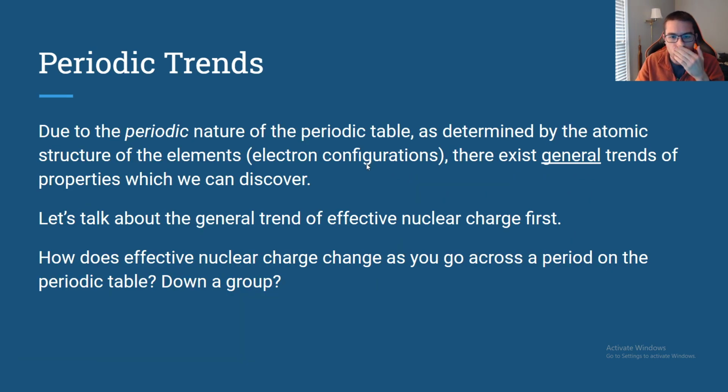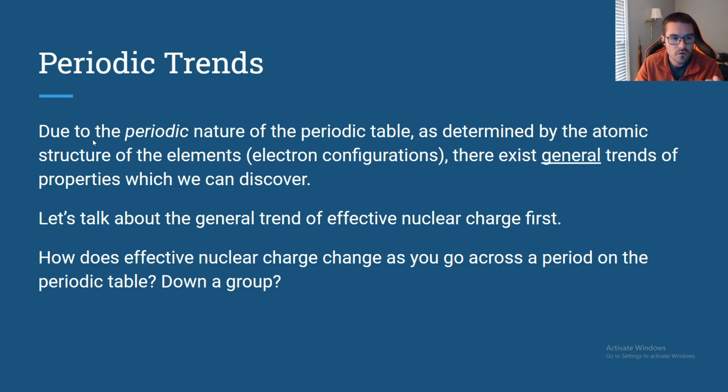Okay, so what we're going to do today is talk about periodic trends, but we're going to be using Coulomb's law and our knowledge of effective nuclear charge to help us understand why these trends are the way that they are.